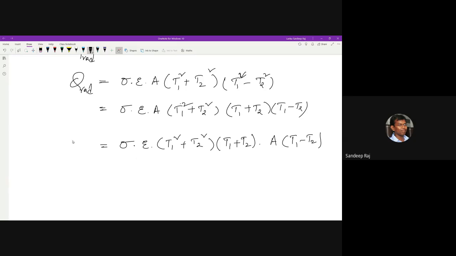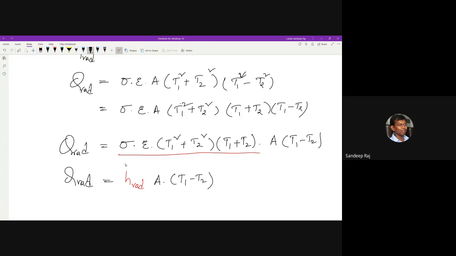Now if you look at this equation, Q radiation is equal to sigma into this whole term, which you keep aside, and A into delta T. So I write this term as H radiation into A into (T1 minus T2).